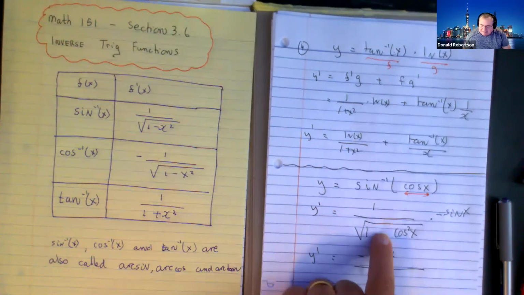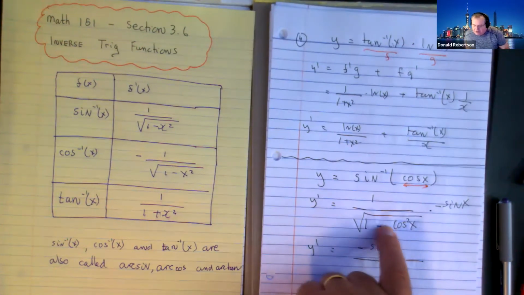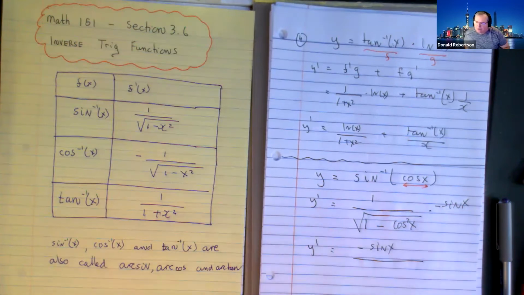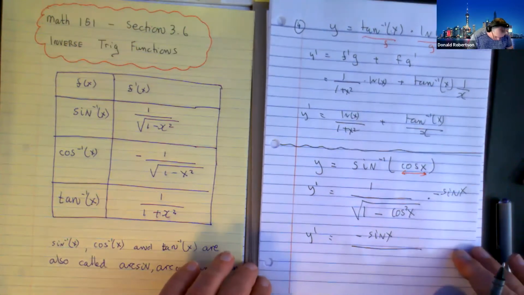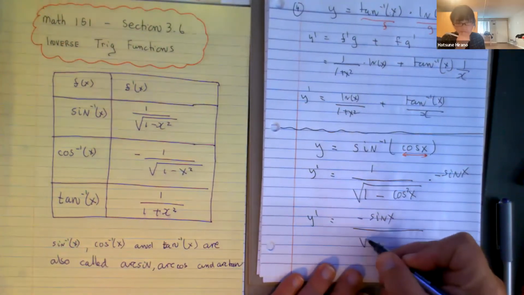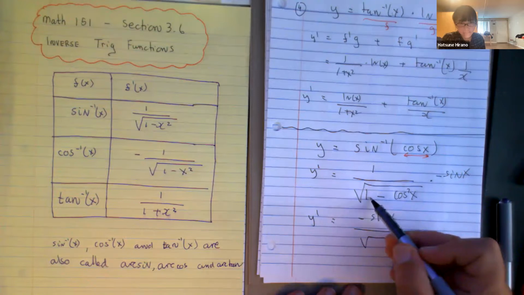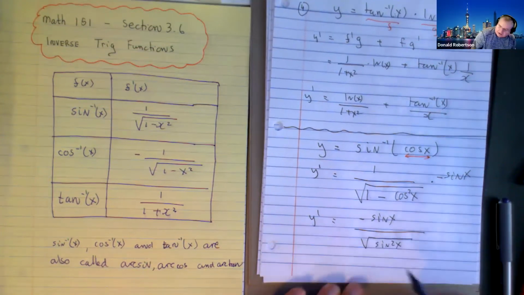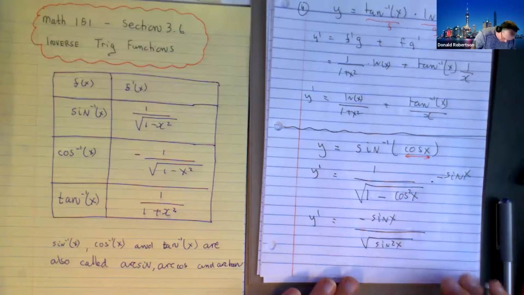Right. Can anybody tell me what identity, what is that equal to? Square root of sine x. So 1 minus cos squared x is sine squared x. Yeah.